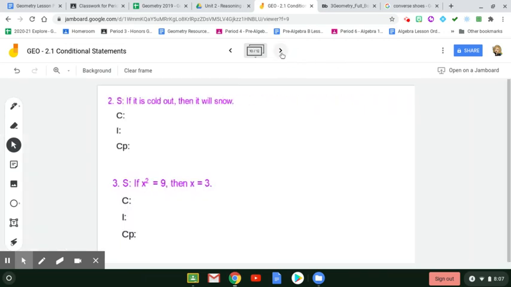All right, let's try another one. The conditional statement is, if it is cold out, then it will snow. So the converse, so I'm flip-flopping. Here is the hypothesis, and here is the conclusion.